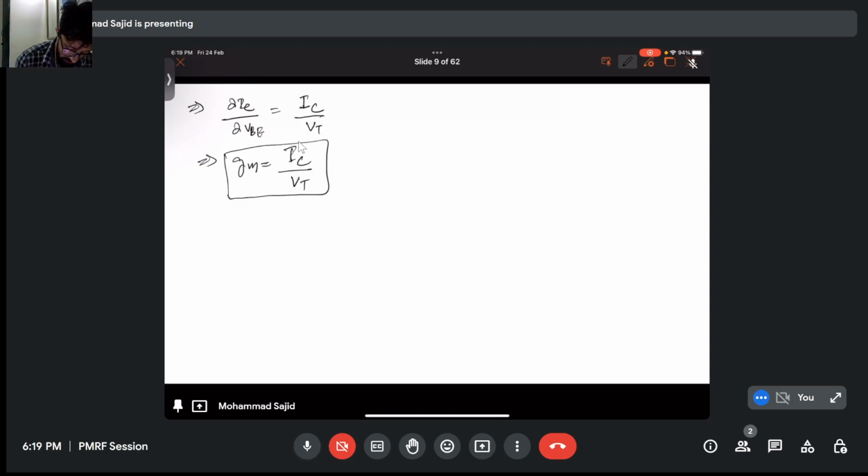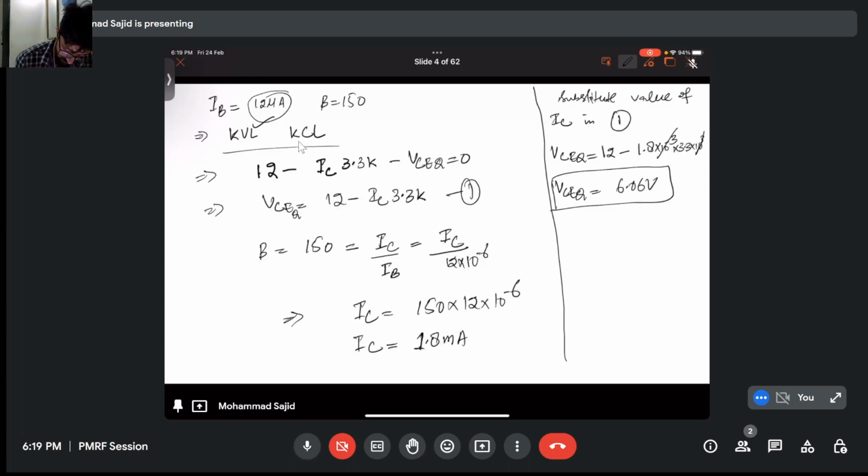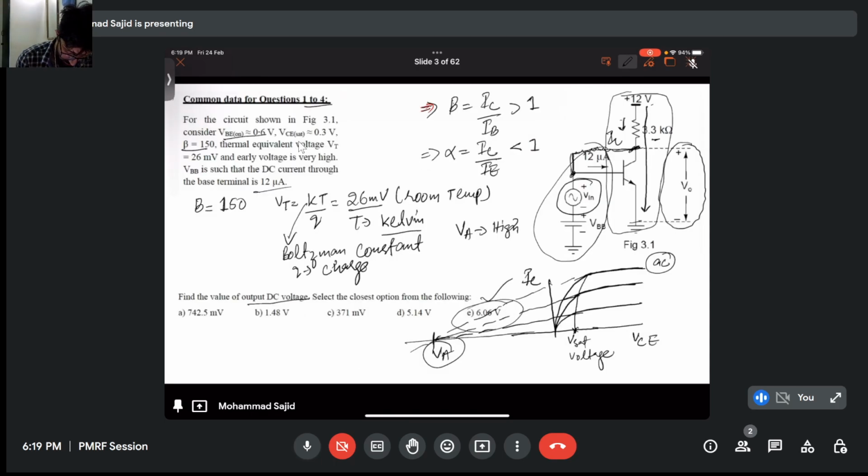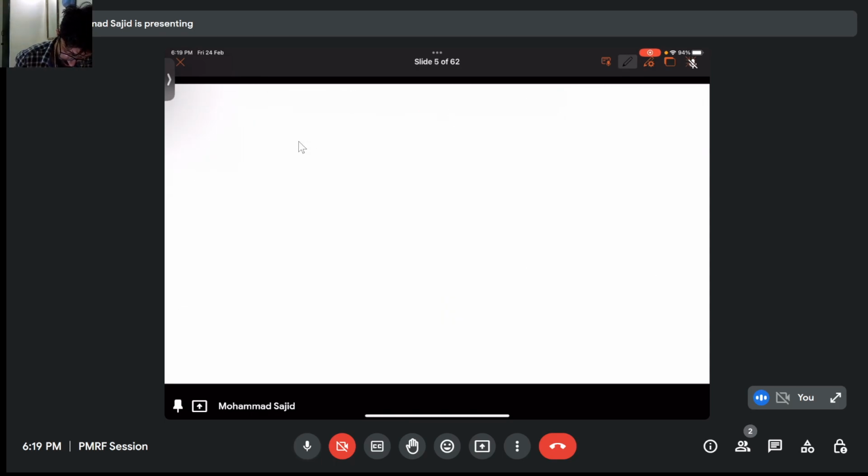Now IC, as calculated earlier, what was the value of IC? 1.8 milliampere. And what is the value of VT? 26 millivolt.